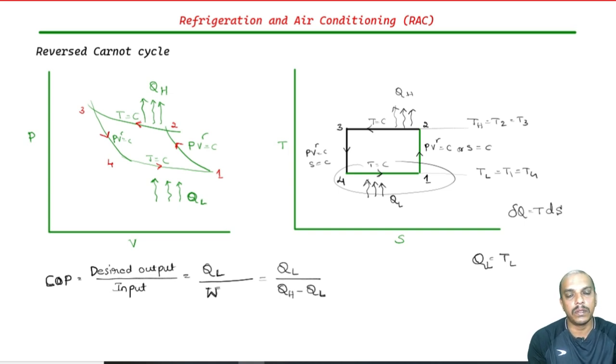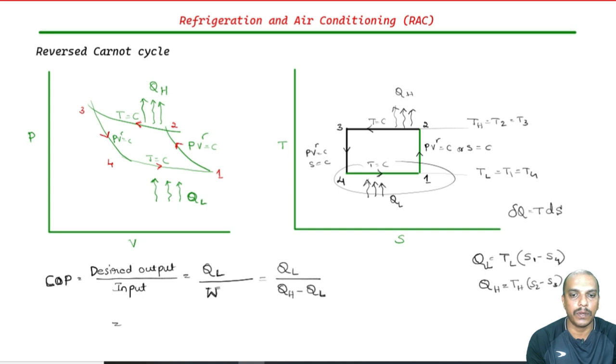So, whenever we talk about the process 1 to 4, QL is TL times the entropy change, which I can write as S1 minus S4. Okay. Similarly, I can simplify QH. Now, QH is equal to TH (S2 minus S3).